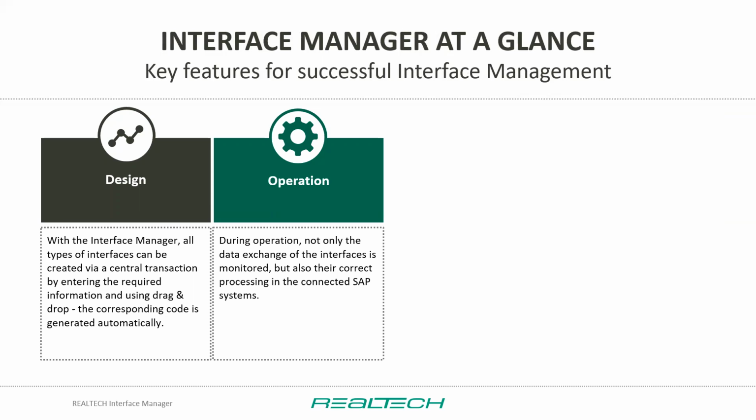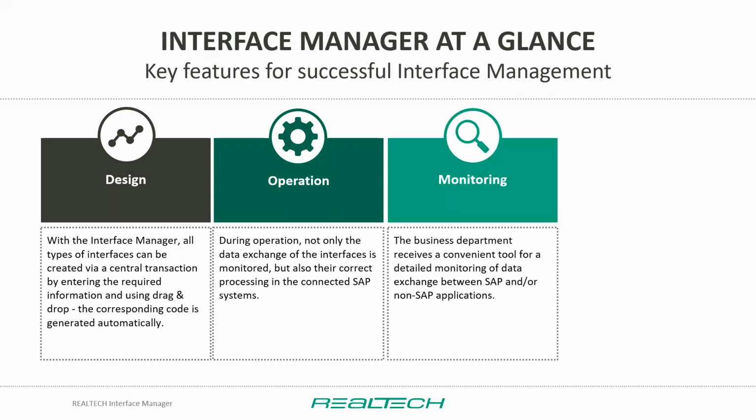For the operation, this is a different process where you can just define how you are going to receive the information or export the information. And then you can also make sure that you have all the operation for monitoring configured, so that when you get to the process execution, any interface execution can be monitored and successfully processed.